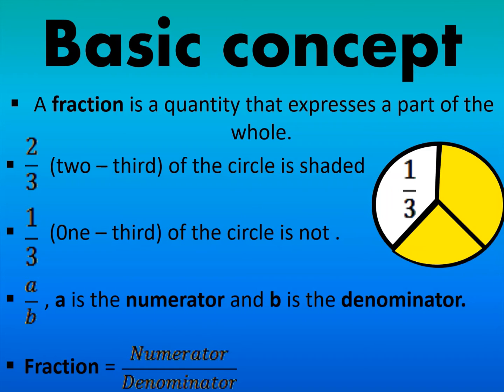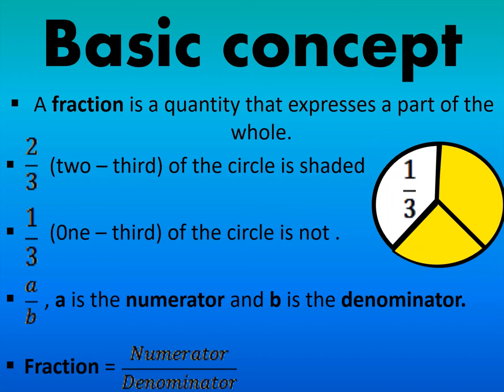This is 1. 2 upon 3 means 2/3 of the circle is shaded yellow. Two parts of the circle are shaded, that is known as 2 upon 3, 2/3. 1 upon 3, 1/3 of the circle is not colored, that is white.